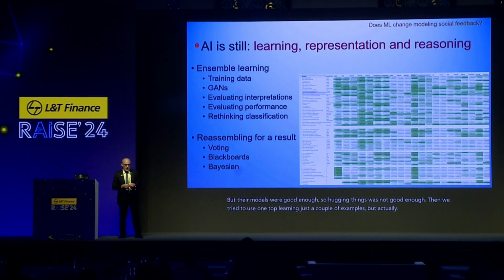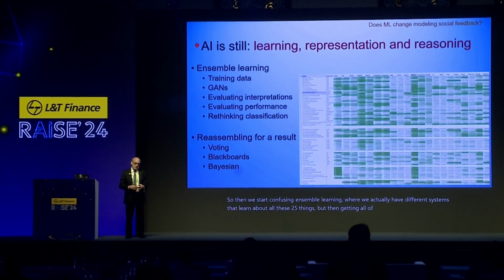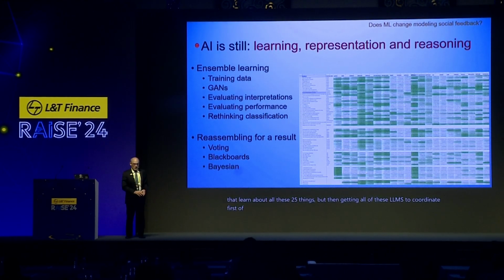So then we started using ensemble learning, where we actually had different systems that learn about all these 25 things, but then getting all of these LLMs to coordinate. First of all, the response time goes down, computation goes up, and there's none of the interactions within it.